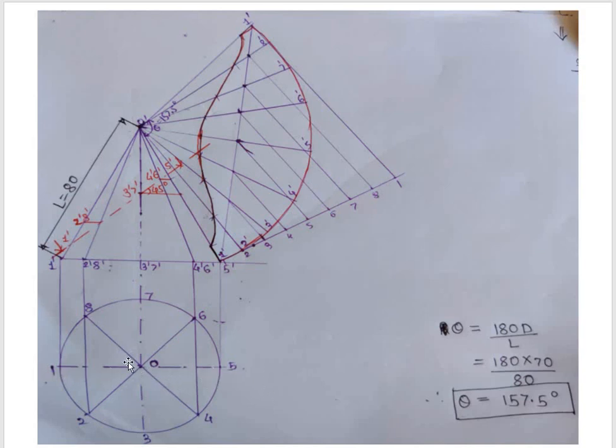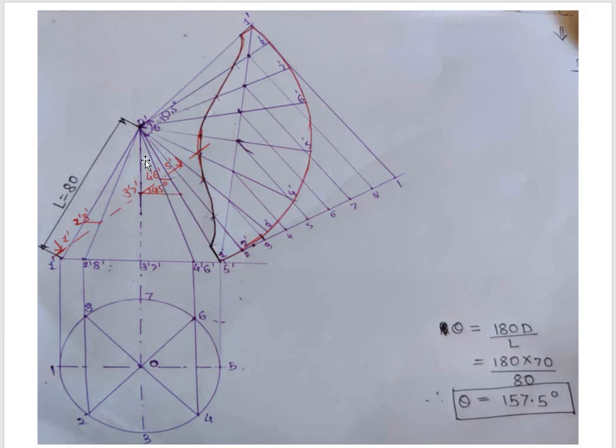These are the total 8 generators, as we have divided this circle into 8 equal parts. Generators O1 and O5, these two generators are parallel to the XY line. That's why they give the true length, so it is not necessary to find another true length.